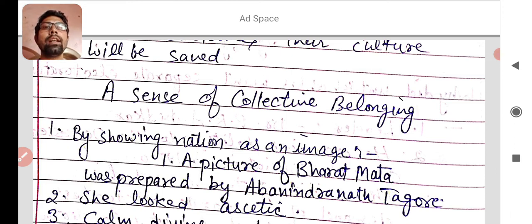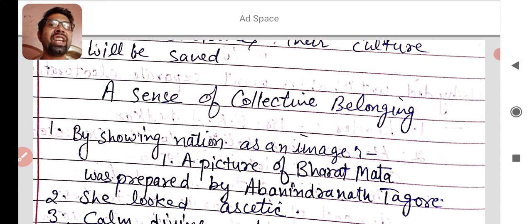And now the heading is a sense of collective belonging. A sense of collective belonging here means the major steps taken by the leaders or revolutionaries of India to unite all the people for freedom fighting.